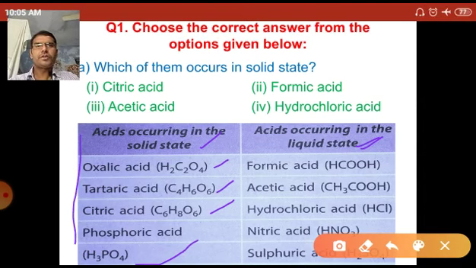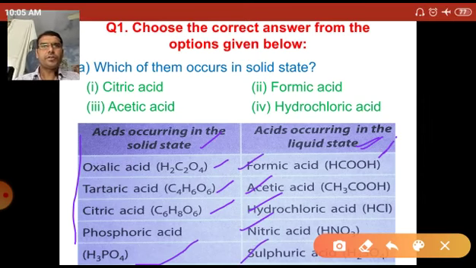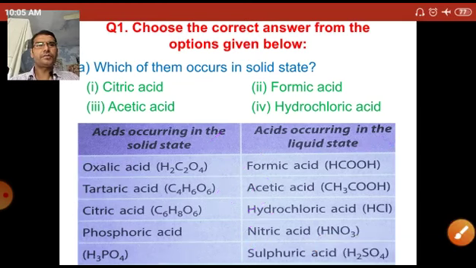So dear students, you memorize the list of these acids. The acids occurring in the liquid state are formic acid, acetic acid, hydrochloric acid, nitric acid, sulfuric acid, these all occur in the liquid state. So this list gives the acids which occur in the solid state and which occur in the liquid state.